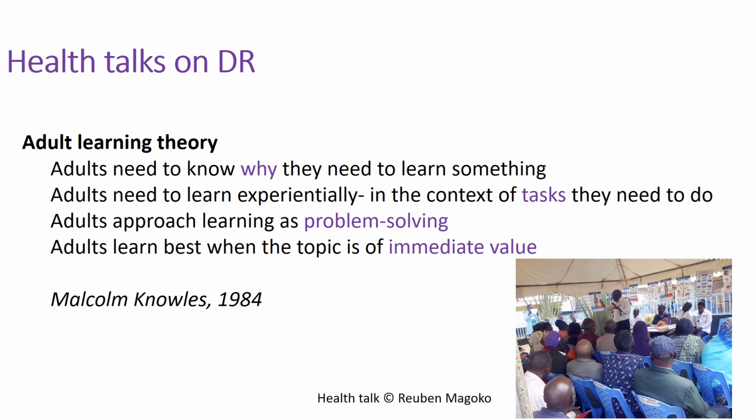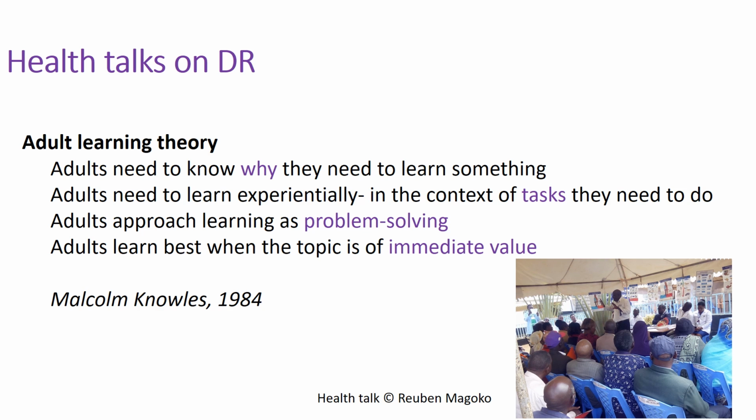As we do that, we need to understand adult learning. There are 4 main principles about adult learning that are outlined in the adult learning theory. One is that adults need to know why they need to learn something. Two, adults need to learn experientially.